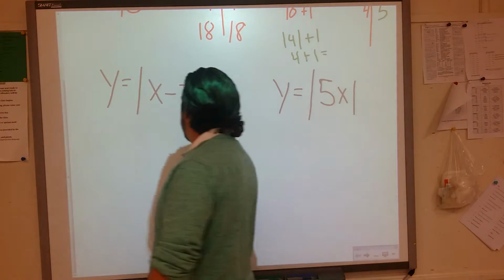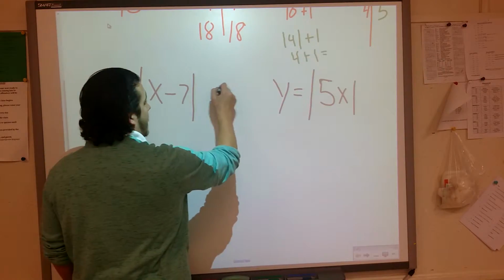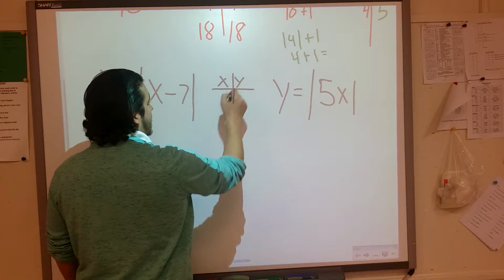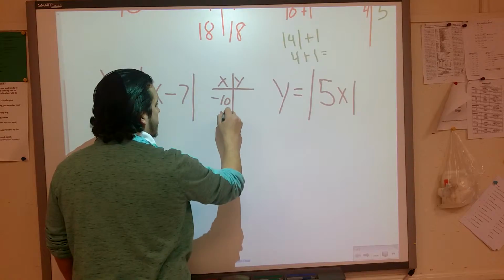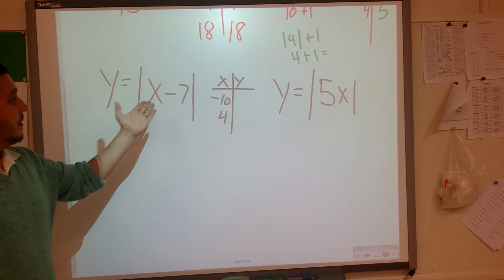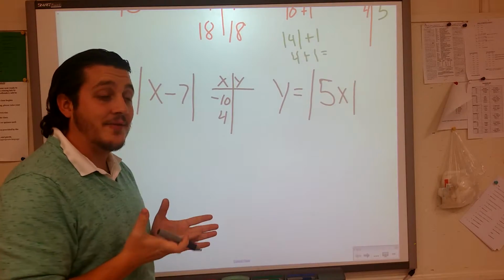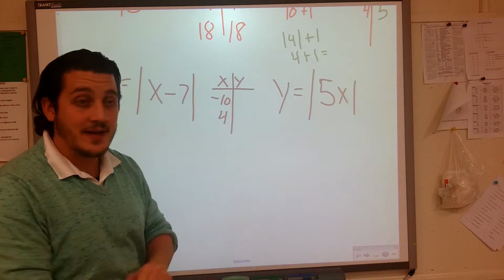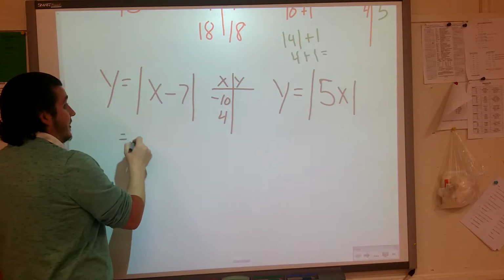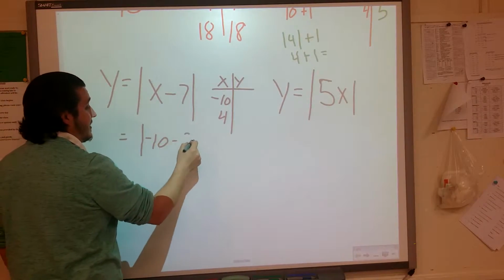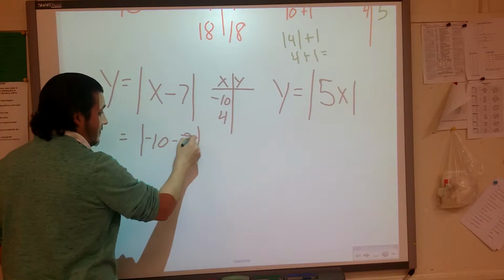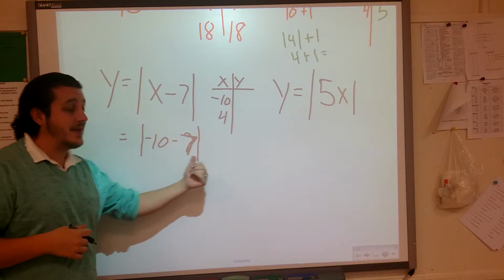Absolute value of x minus 7. Now here, you have a minus. Does that mean that minus changes right away? No. You do everything inside the function, then change it to positive afterwards. So, the absolute value of negative 10 minus 7. What's negative 10 minus 7?